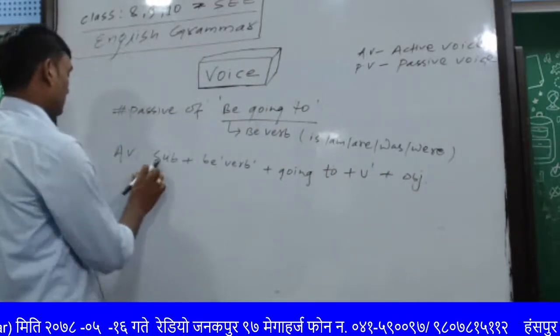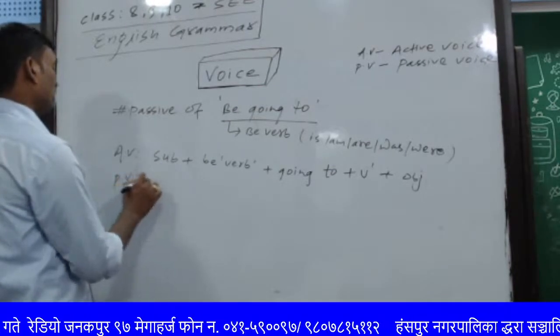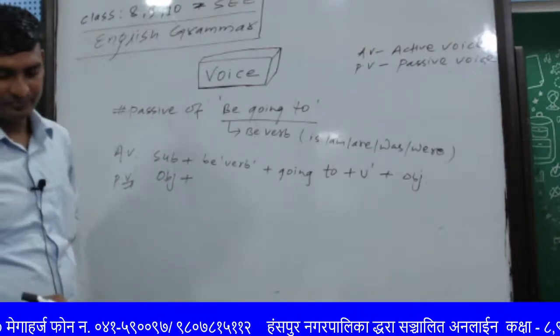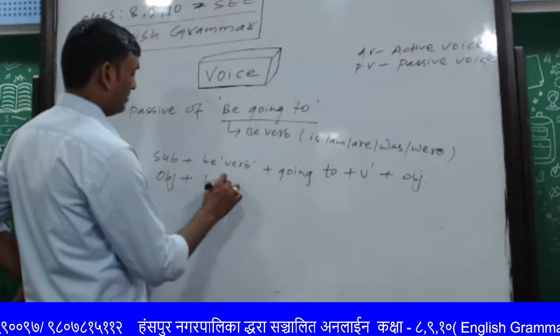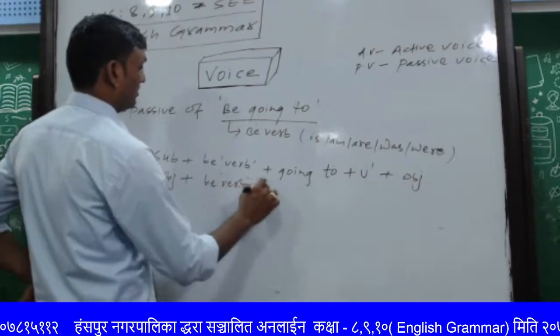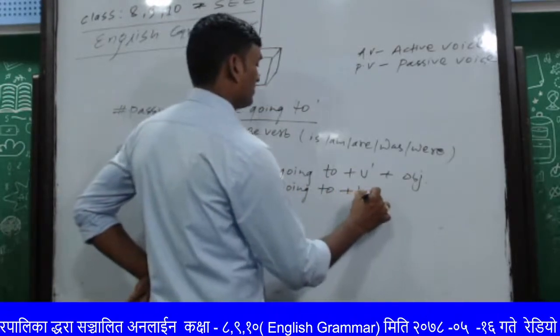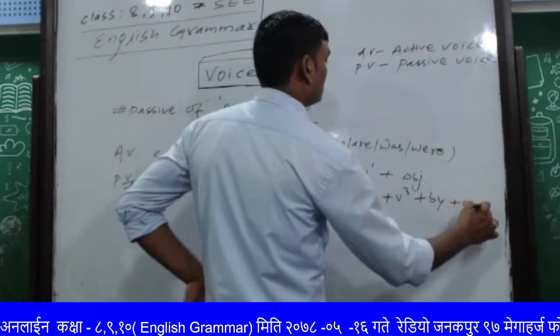The passive of be going to: object, after object be verb plus going to plus be, then V3 by subject.